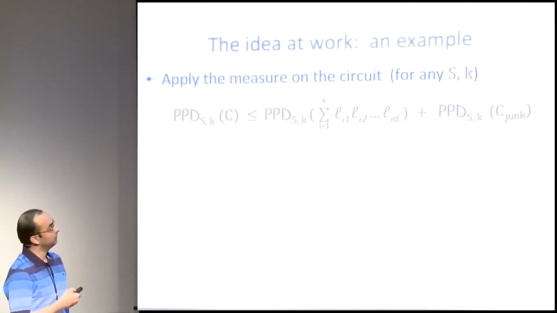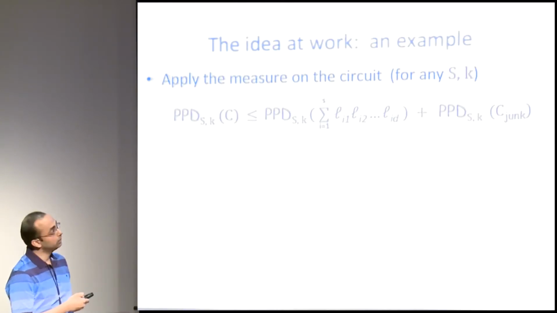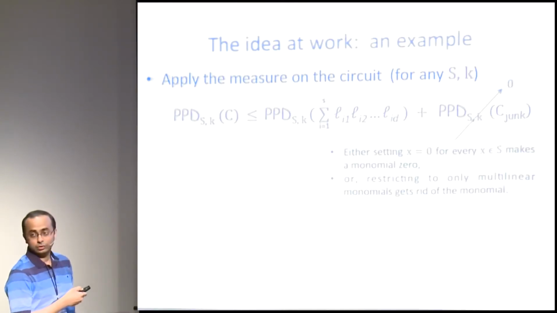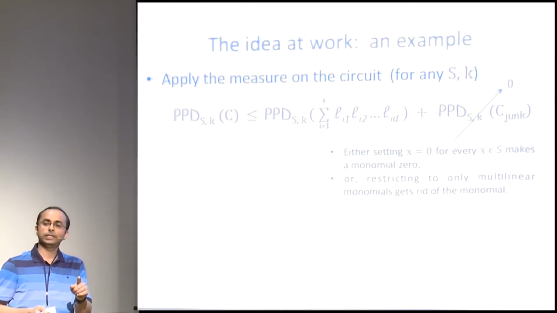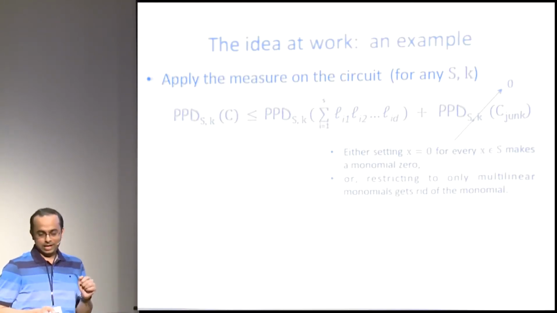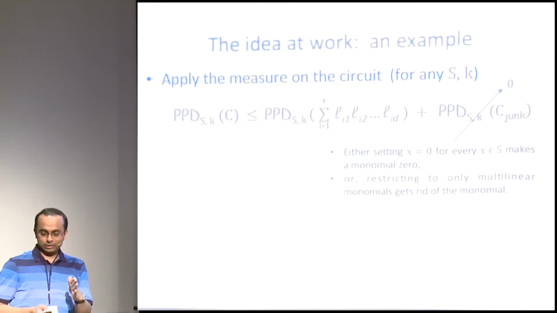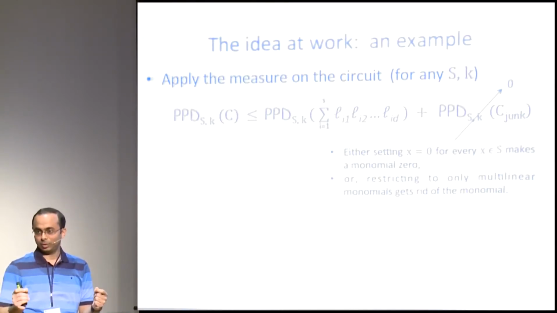Now let's see what happens to the circuit. Because it is subadditive, I apply the measure, it gets split into these two terms. Now notice that this second term goes to 0. Why? Now the second term, every monomial has at least one variable with degree 2 or more. Right? And I'm applying multilinear derivatives. Either the derivative has a variable which coincides with x squared, let's say, in the monomial, or it doesn't.